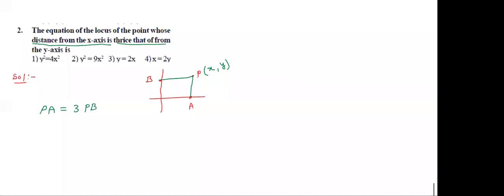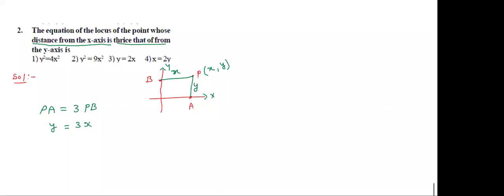Y-axis means PB length. This is the y-axis, this is the x-axis. Already you know that these lengths are x and y. Just substitute: PA means y, that is equal to 3 into PB, means x.